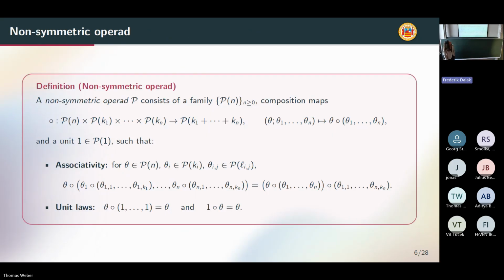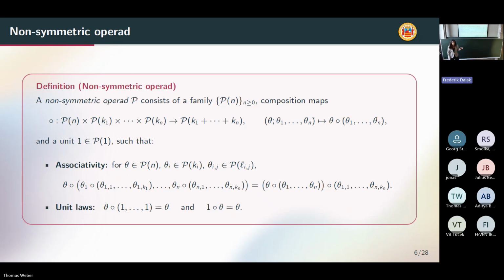So let's begin now with a simple setting, which is the non-symmetric one. I would like to show you that with very few tools, we can already recover complex structures. Here is the definition of a non-symmetric operad. It is just a family of sets or vector spaces, or more in general, objects from a symmetric monoidal category. But now we will focus on the case they are vector spaces.